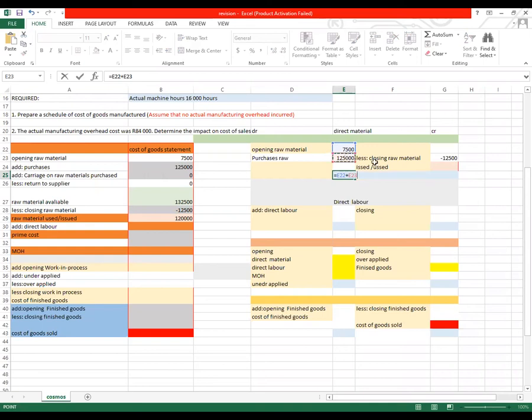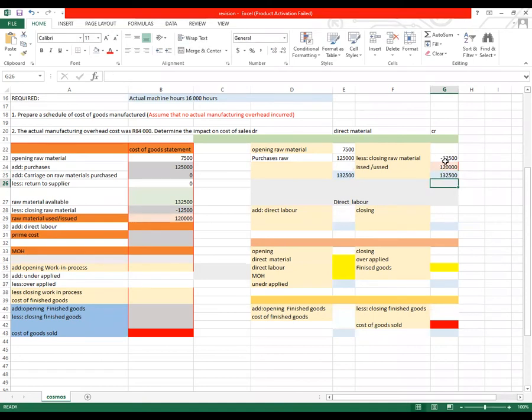And then how to get the used and issued? It is this minus closing. I get this, you see, I get the same amount, guys. I'm still getting 120.